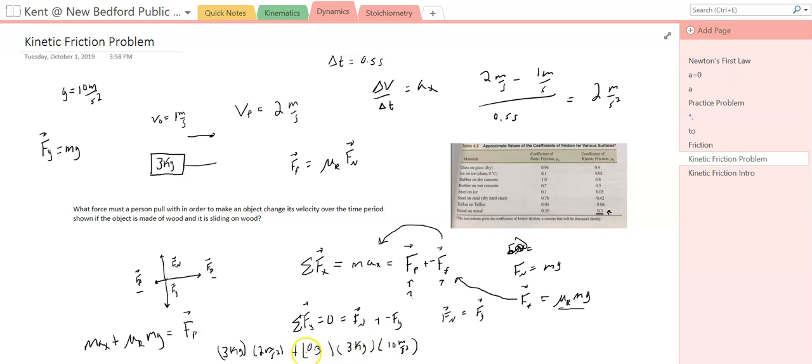Crunching that number, you're going to get 15 newtons. You'll get 6 newtons for the first term, and for the second term you'll get 9 newtons. Add 6 and 9 together, and you get that 15 newtons is required to accelerate that block at 2 meters per second squared if we're already moving. Okay? All right. I will see you in the next one.